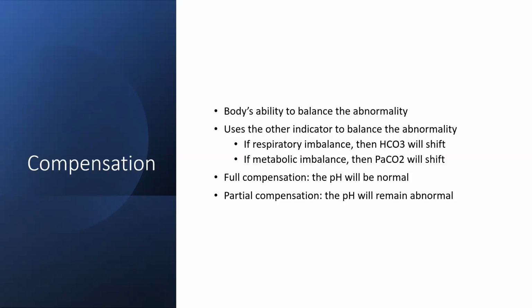It is still abnormal, along with the bicarb being abnormal and the CO2 being abnormal. I hope that makes sense. Again, if you need to hear it again, please go back and rewatch this. But a full compensation, my pH is normal, but my bicarb and CO2 are abnormal. If I have a partial compensation, my pH stays abnormal in addition to my bicarb and CO2 being abnormal.